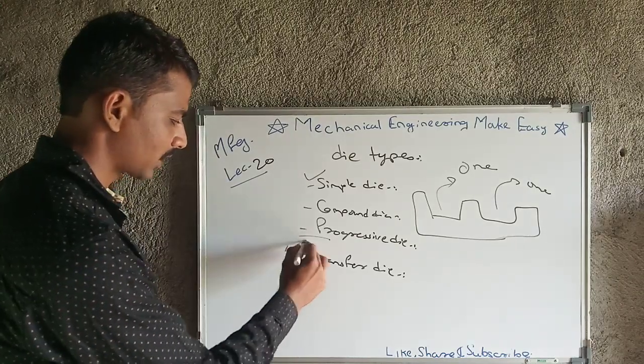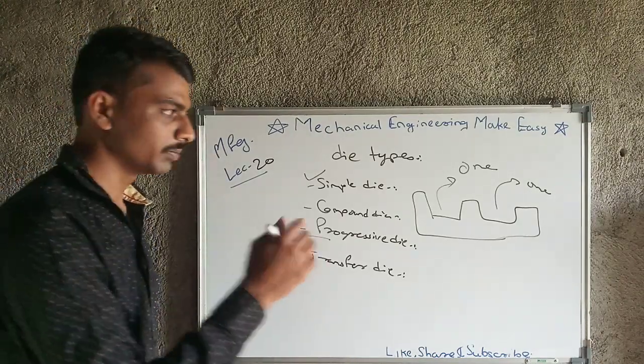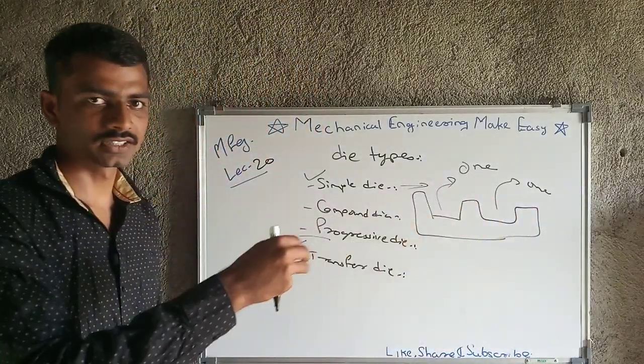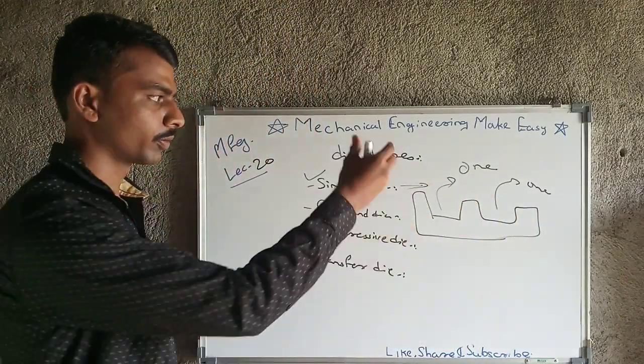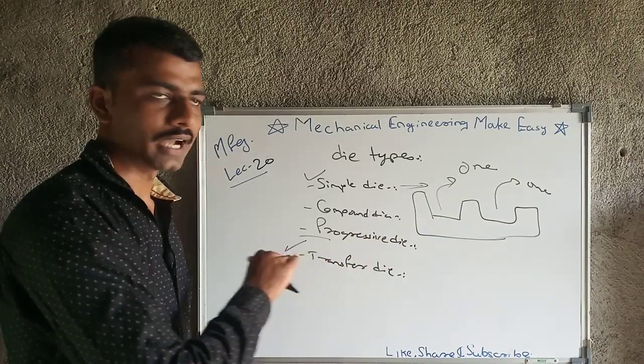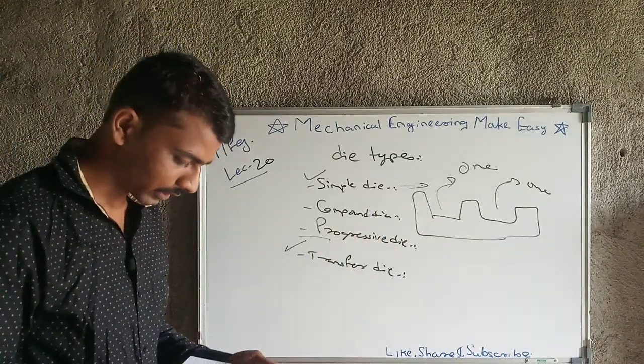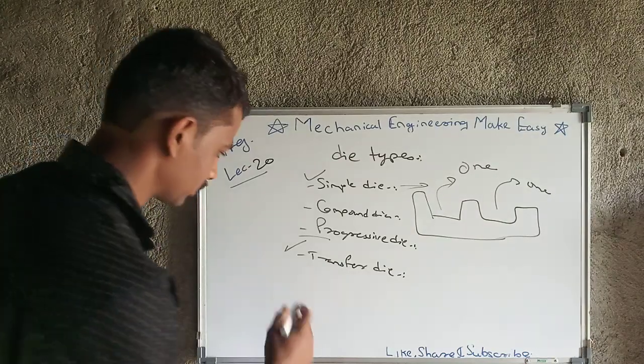But in the case of a transfer die, there is one stock that comes from here, and at the number of stations, different operations are performed on the same stock. That is nothing but a transfer die.